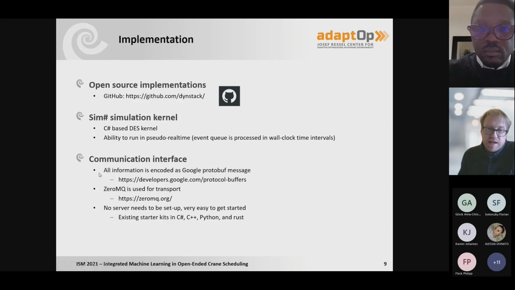So these libraries are available for a large range of programming languages. So you're not limited with respect to the solver that you implement. You can use almost any programming language that you want to use in order to optimize this kind of dynamic environments. And they were very easy to start also. So we try to make this really simple and easy so that it's accessible and that people can use it.